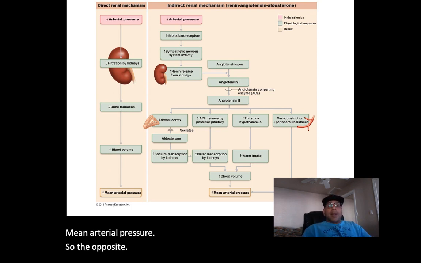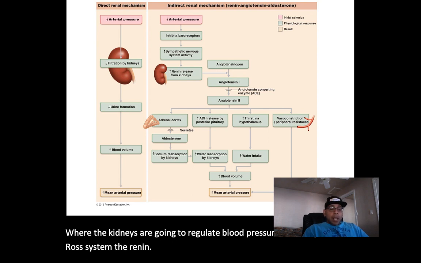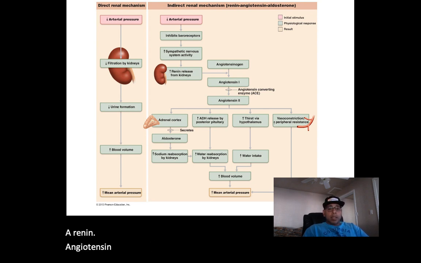Now, indirect renal mechanisms, where the kidneys are going to regulate blood pressure indirectly via the RAAS system, the renin, angiotensin, aldosterone system.